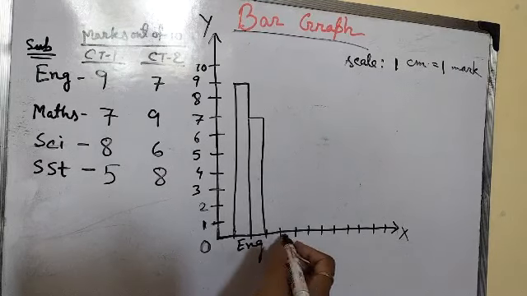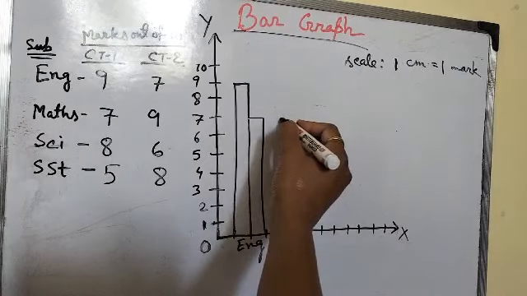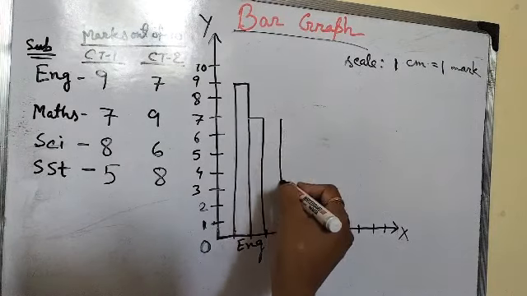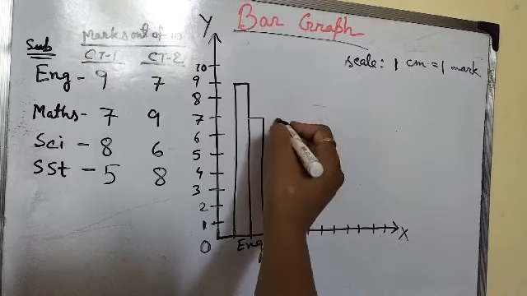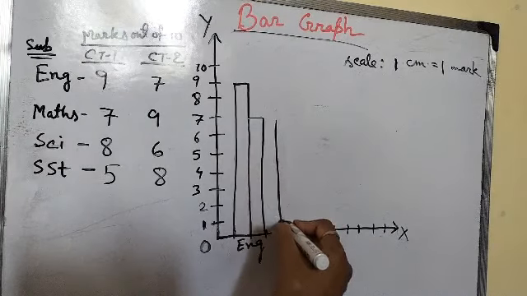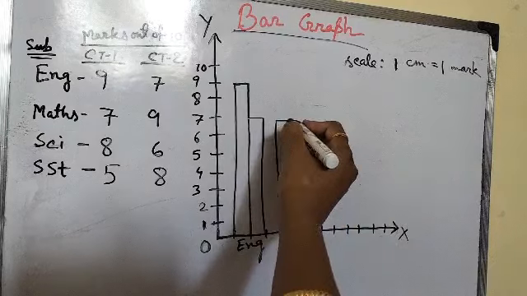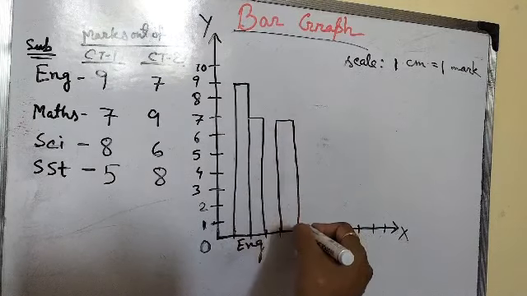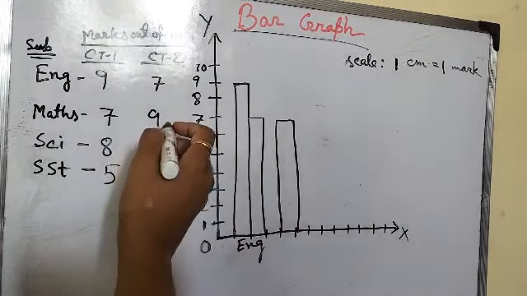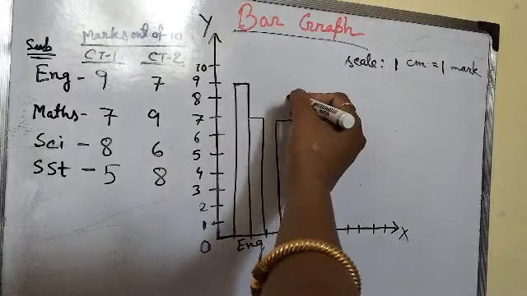Next for maths. Here I leave 10 boxes. Then for maths, first one is 7 marks. First city, 7 marks got. This will be drawn by scale. Then for city 2, got 9.